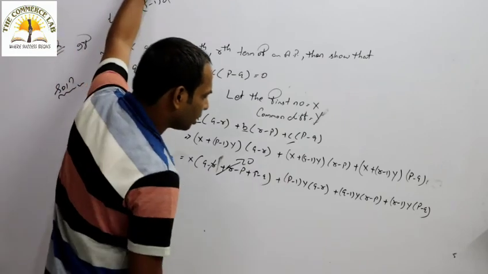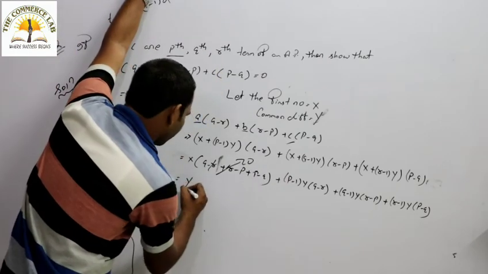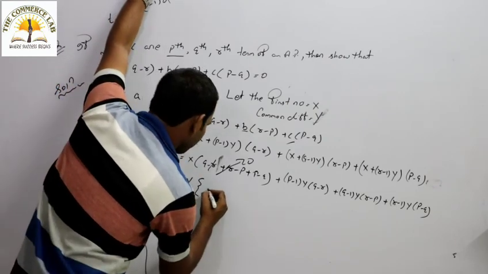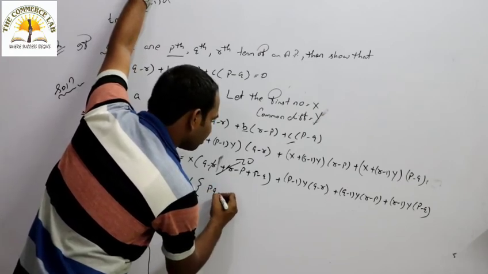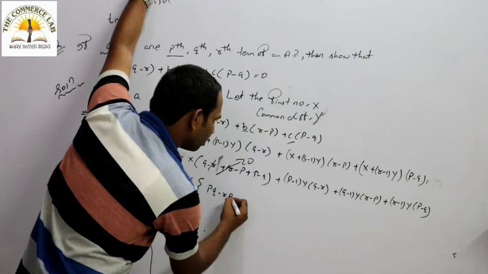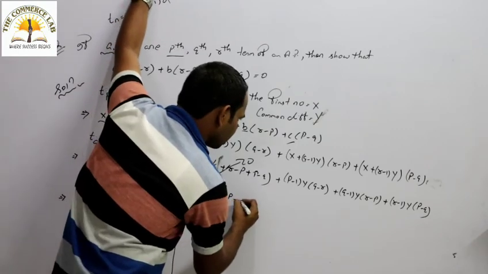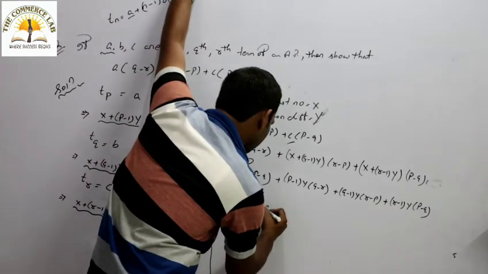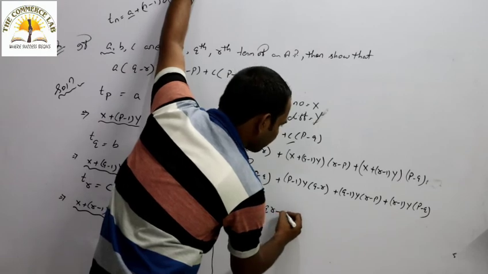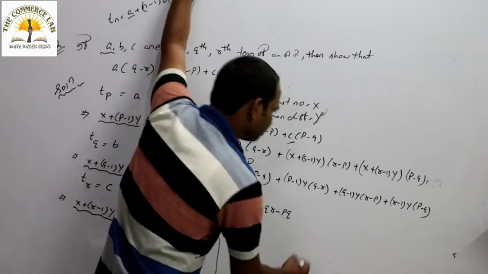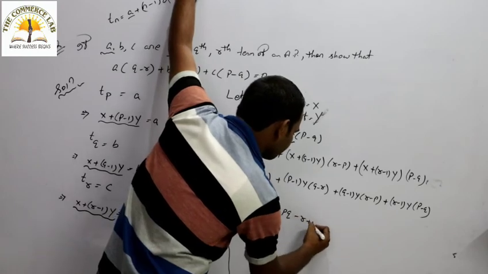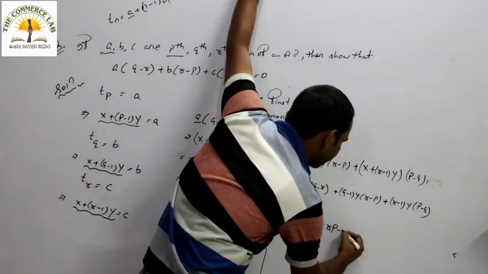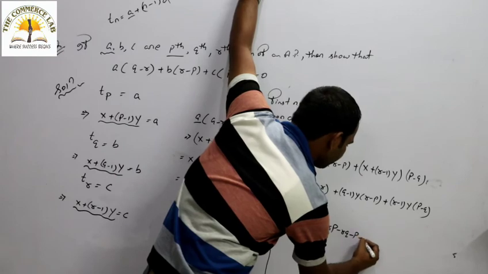Then by solving this one, by taking y as common, pq minus rp minus q plus r plus qr minus pq minus r plus p plus rp minus rq minus p plus q.